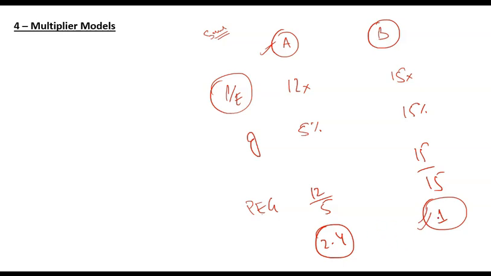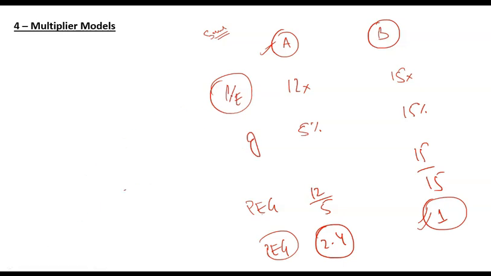B has a lower PE if I take growth into account, or if I adjust it for growth. This is what PEG tells you. So quite often PEG is calculated, and then PE and PEG both are used in taking the decision instead of just looking at PEG.